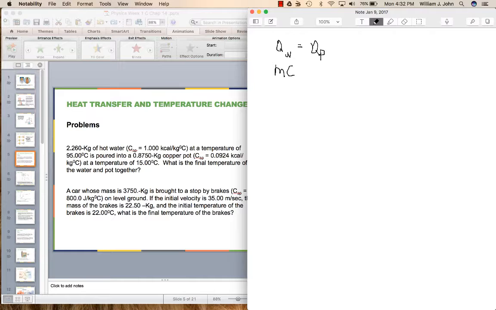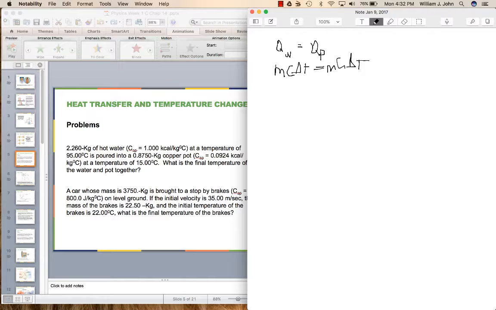and that is represented by that formula, MC delta T for the water has to equal MC delta T for the pot.